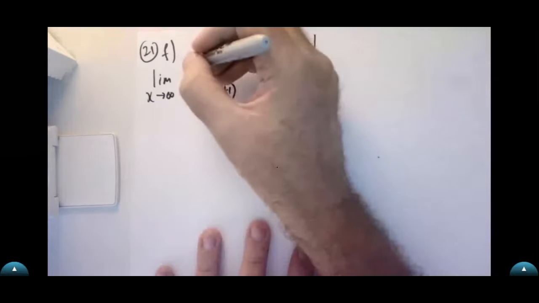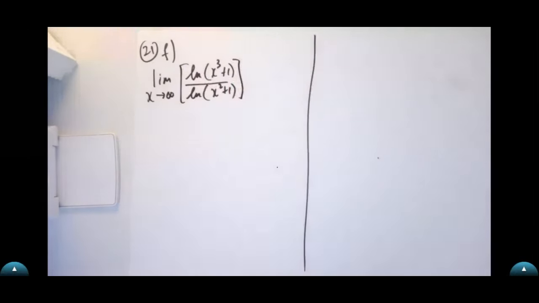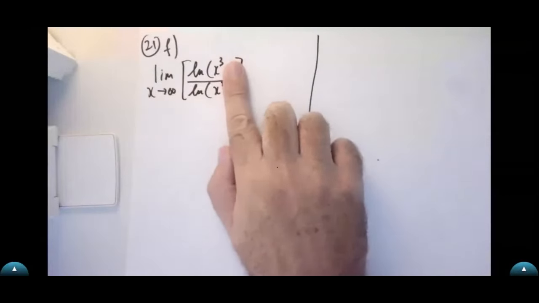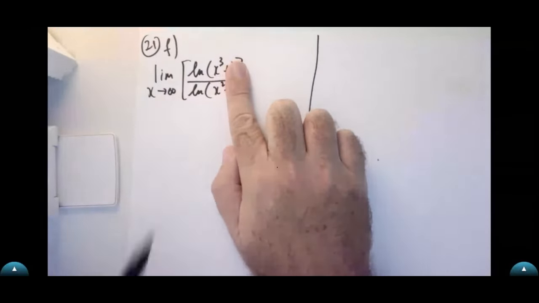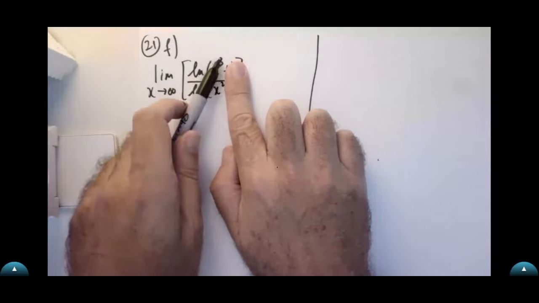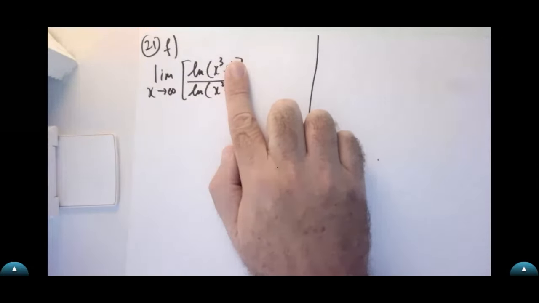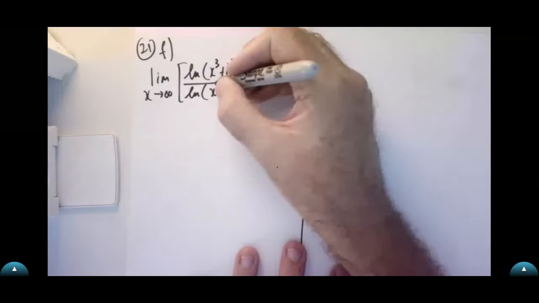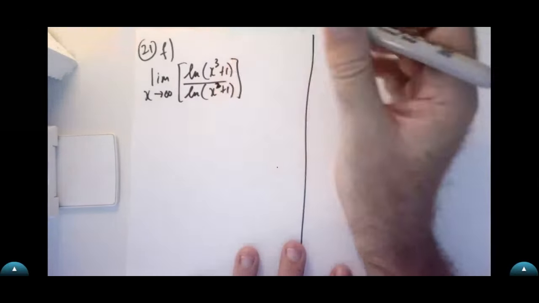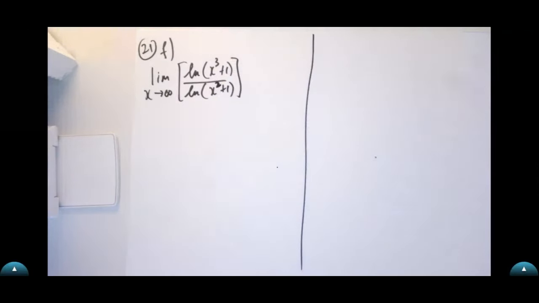Well, the way I would think about it without L'Hopital's is cover up that and you've got, like you say, the 3 can come to the front, the 2 can come to the front and the logs disappear. So you get 3 on 2. Okay, that's for me the quickest and easiest way to do it.